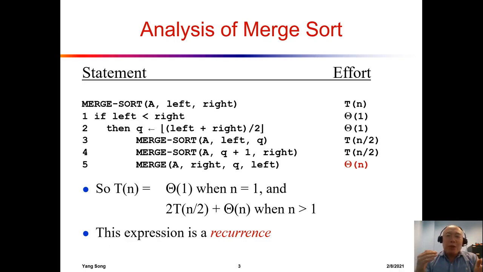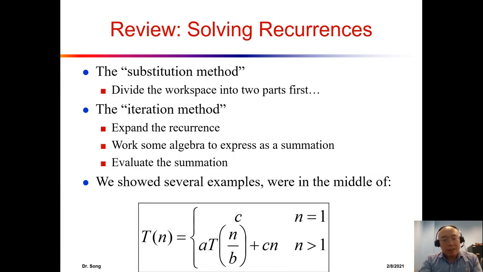Because this is a recursive algorithm, we end up with a recursive T(n). This is not what we really want, because we want T(n) to be a polynomial of n, and based on this polynomial of n, we figure out the big O and big omega, and put them together, we have the big theta, right? So how do we solve this recursive T(n)?